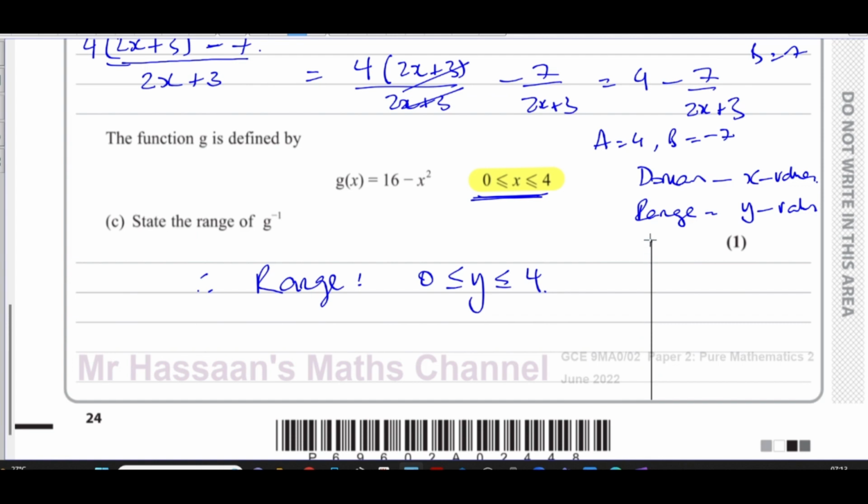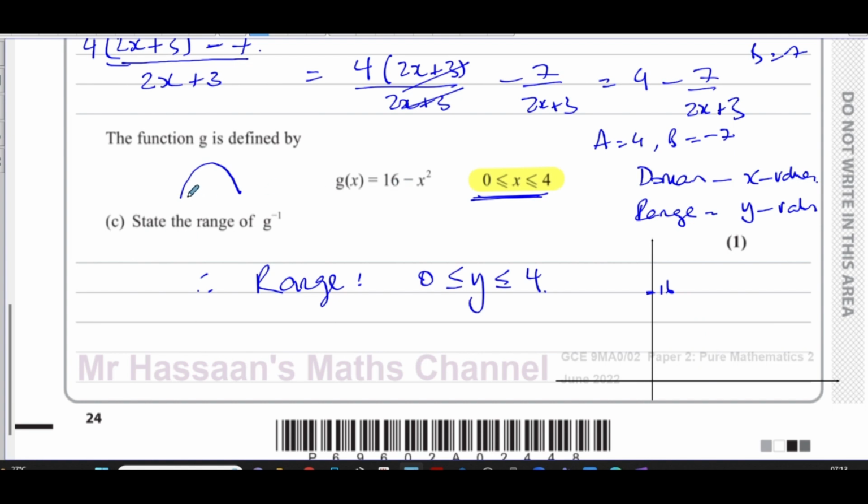So if I was to draw this function, the original function, g of x, 16 minus x squared, that's a quadratic. It's going to be upside down like this if you draw it as it is. The vertex is going to be at 16. And where does it cross the x-axis?